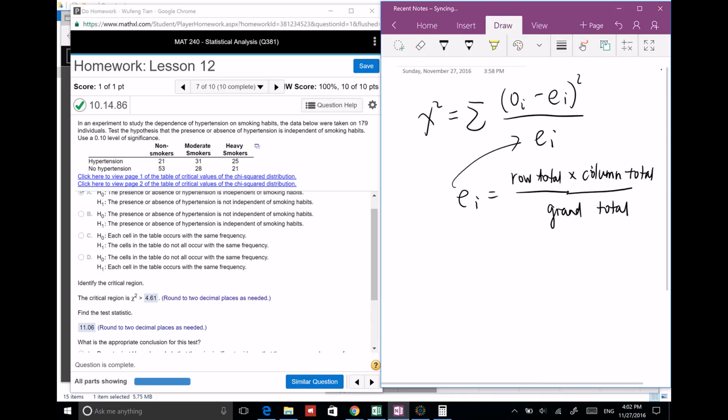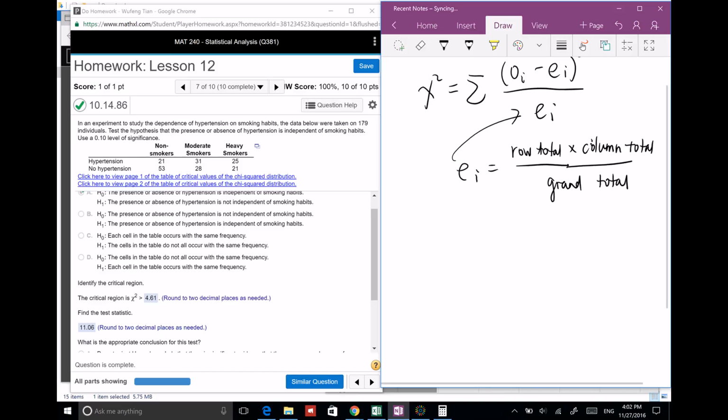For the critical value, the degrees of freedom is r minus 1 times c minus 1. Now we have two rows, so 2 minus 1, times 3 columns, so 3 minus 1, which is 2.